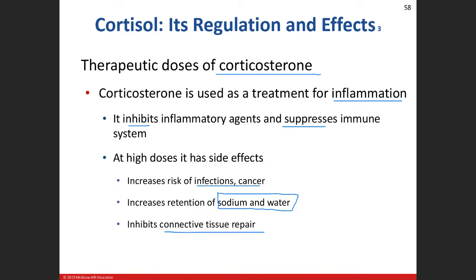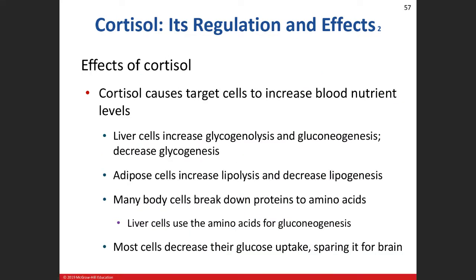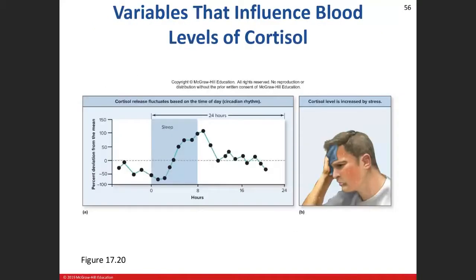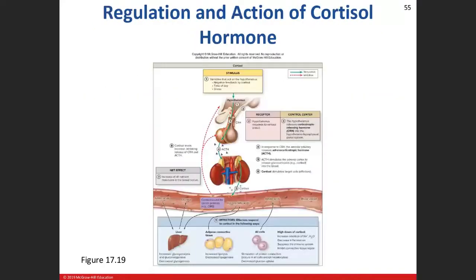So why do athletes use steroids? That's a great question, and that gets into anabolic steroids. Catabolic steroids are the type of steroid, which is what this is, that breaks proteins down. We just saw that. Remember right here on this slide? This is what a catabolic steroid does.